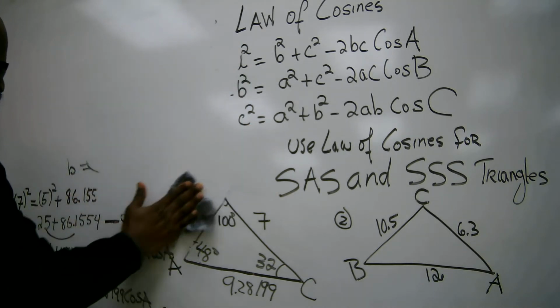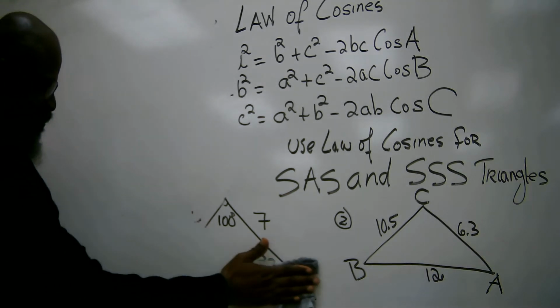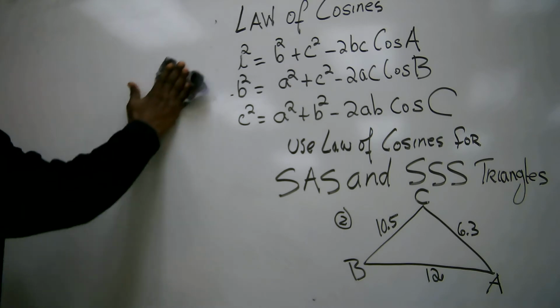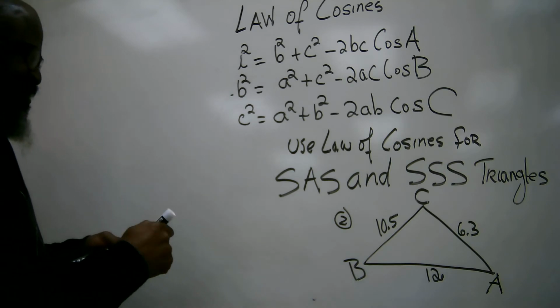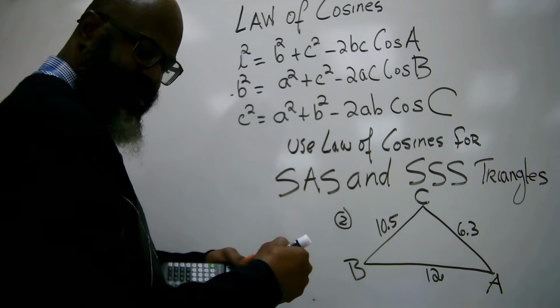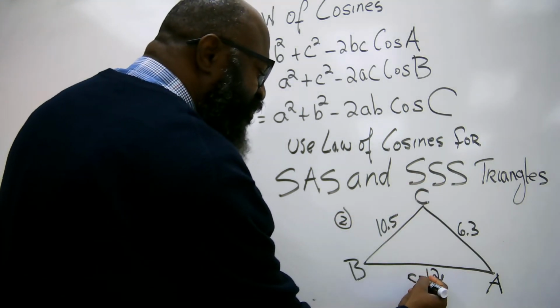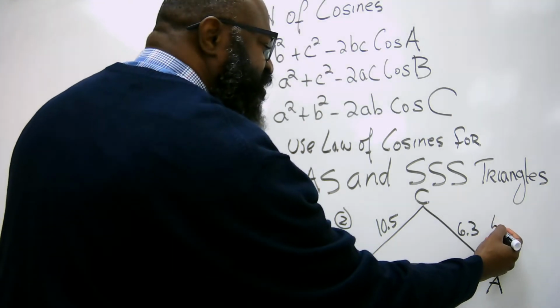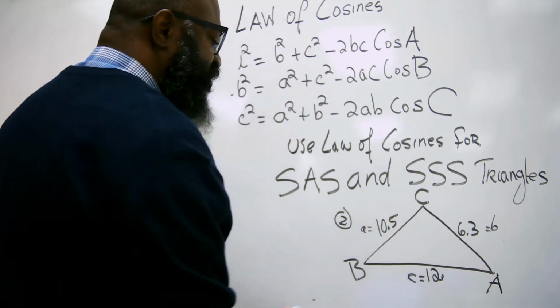Now we need to find the angle. So we're going for the angle. Right, my information. This is C. Little c is 12. It's opposite to capital C, and this is little b is 6.3, and little a is 10.5. That's how you do that.